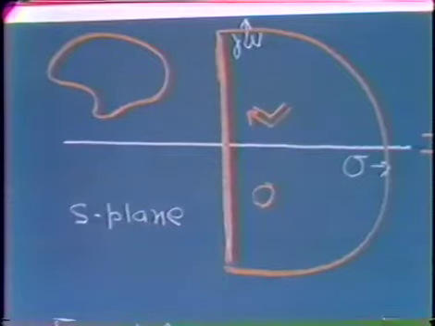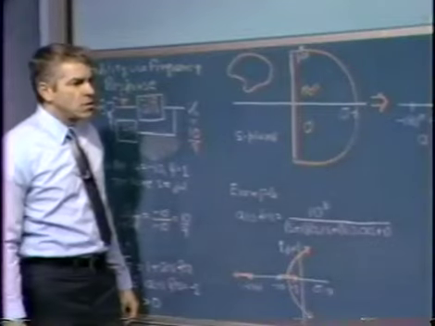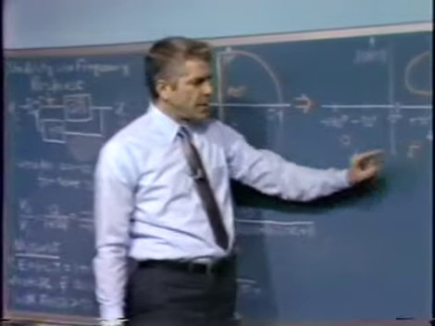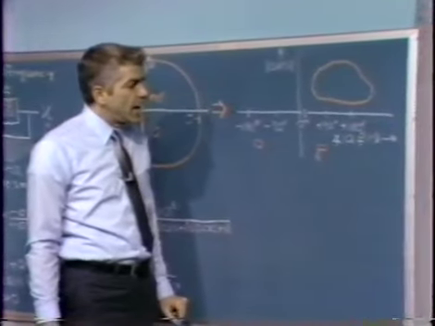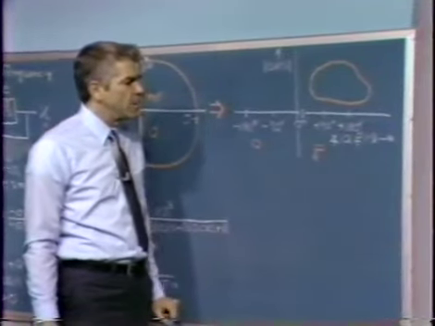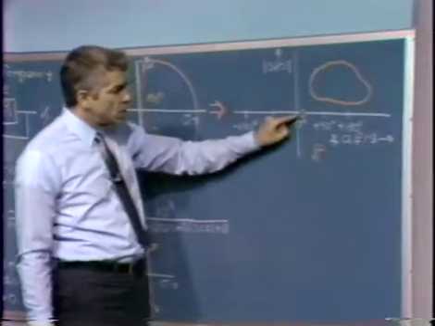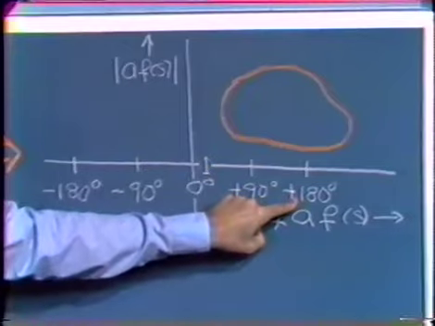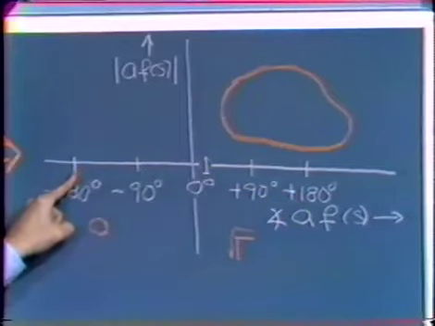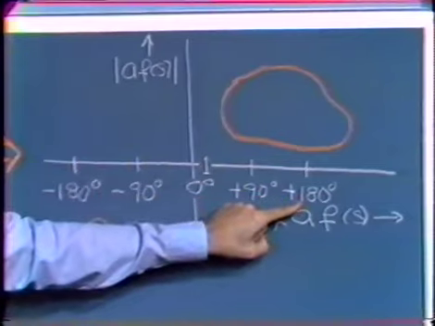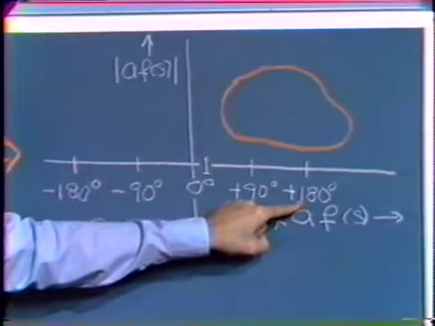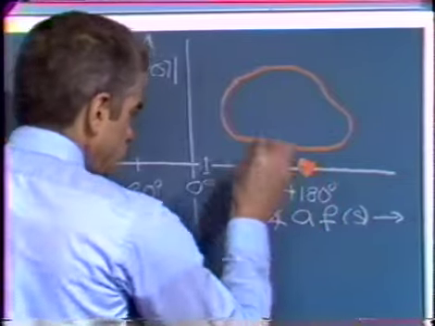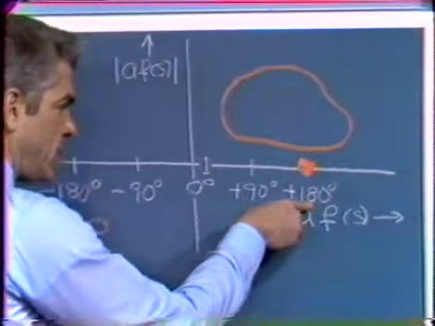Well, the thing that gives us some leverage is the fact that the -1s are very clearly discernible in the AF plane. If we look at the AF plane, let's consider how we identify a -1 in the AF plane. Well, a -1, of course, is a magnitude of 1 and an angle of 180 degrees or -180 degrees, or in general, odd integral multiples of 180 degrees. So we have a -1 right here, magnitude of 1, an angle of 180 degrees.